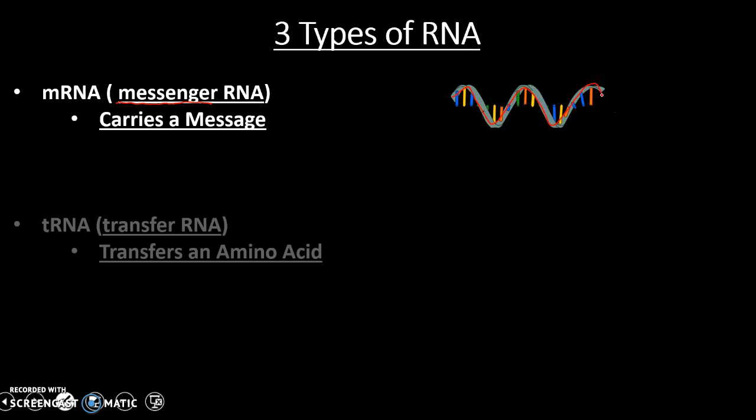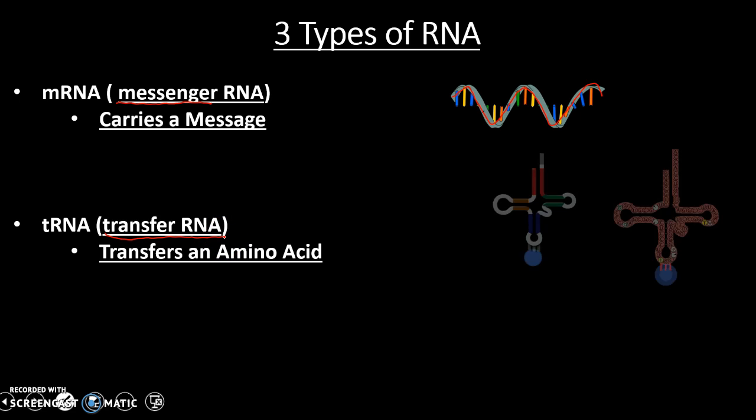Next we have tRNA, or transfer RNA. And what transfer RNA is going to do is it's going to transfer a single amino acid. It's going to carry one amino acid with it. And here's two different images of tRNA. And you can see that even though it's got this weird shape to it, it's still a single strand, okay?